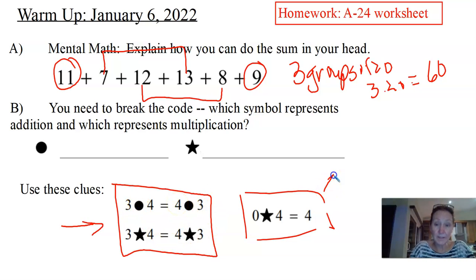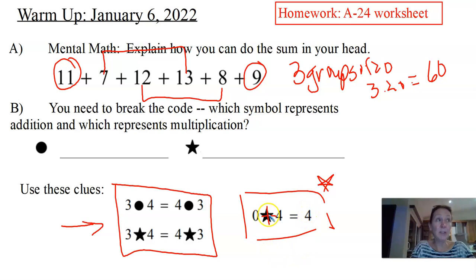So this is the equation that you want to look at to break the code and figure out which operation the star has to be in order to make that equation true. Go ahead and pause the video and think about it. So hopefully you're thinking, if I add 0 plus 4, it equals 4, right?